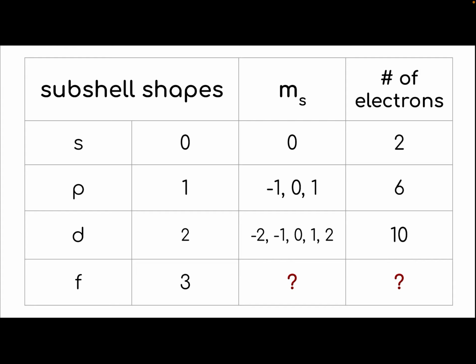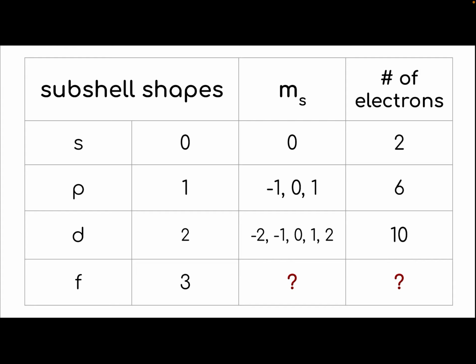Now, the S shape, or the angular number 0, then the magnetic number is also 0. Wala namang negative 0. Wala namang positive 0. So, ilang values lang yon? Isa lang. So, the number of electrons is just 2. Isa lang yung orientation niya, so dalawa lang yung kaya niyang hawakan. So, S-shape can hold 2 electrons.